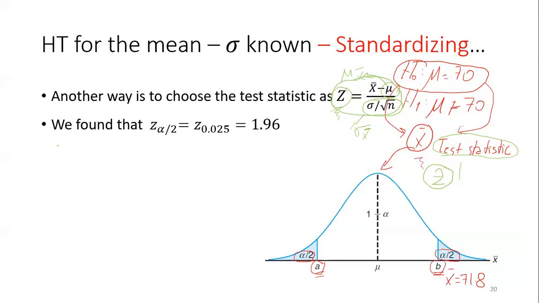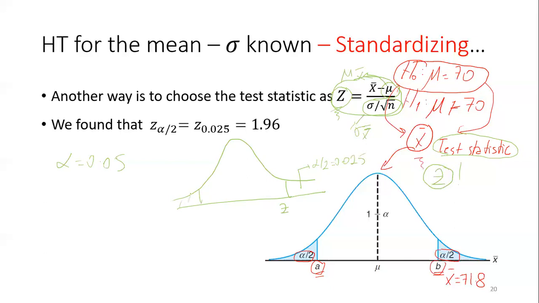So given that alpha is equal to 0.05, plot the distribution of your test statistic, which is Z now, and then find the critical region. What is your critical region? Just find the Z value which leaves an area of alpha over 2, which is 0.025 now, right? Because alpha is 0.05.